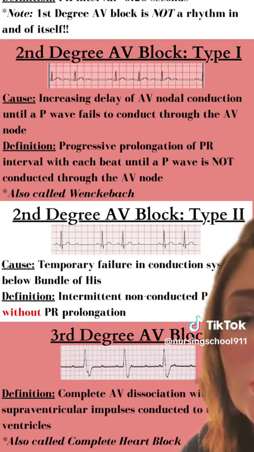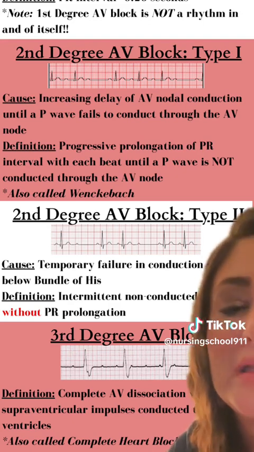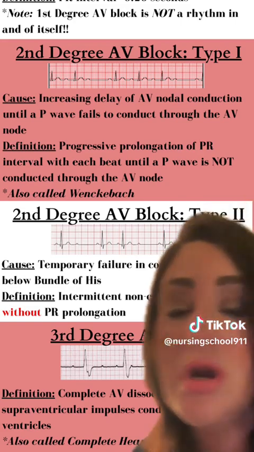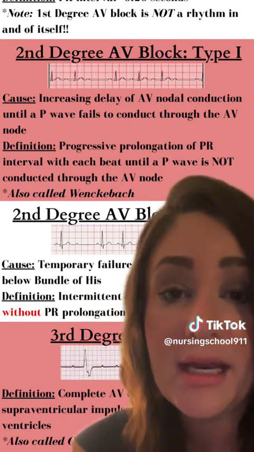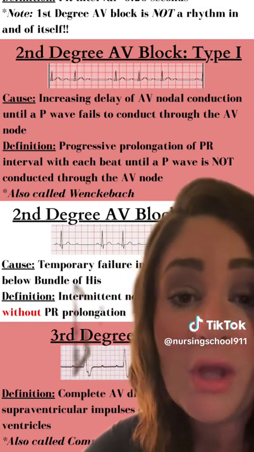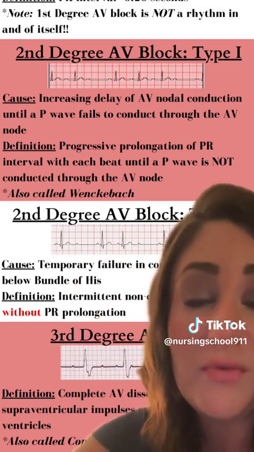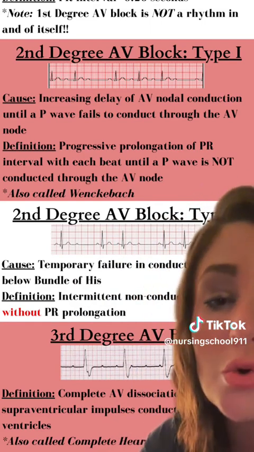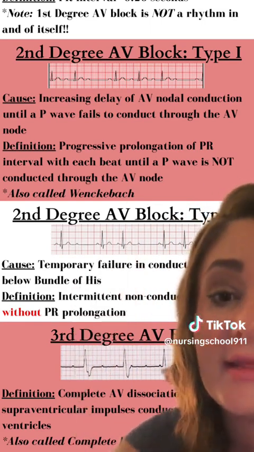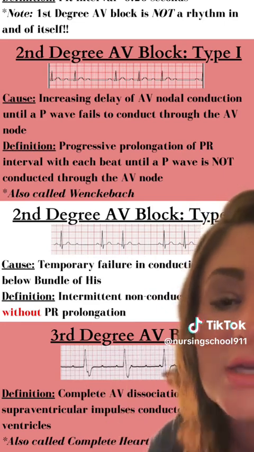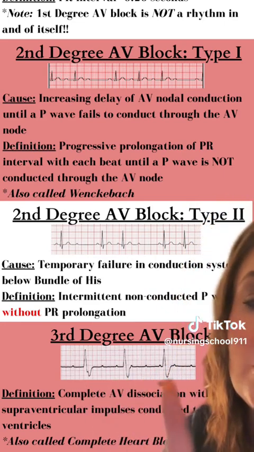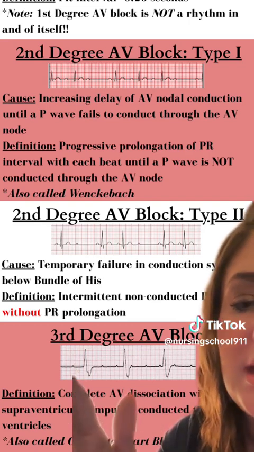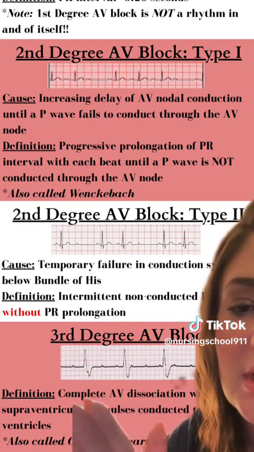So a third degree AV block is complete AV dissociation. No impulse that is being fired off above the ventricles is reaching the ventricles. So there is total divorce between the atria and the ventricles. What you're going to see is absolutely no association between the P wave and the QRS.